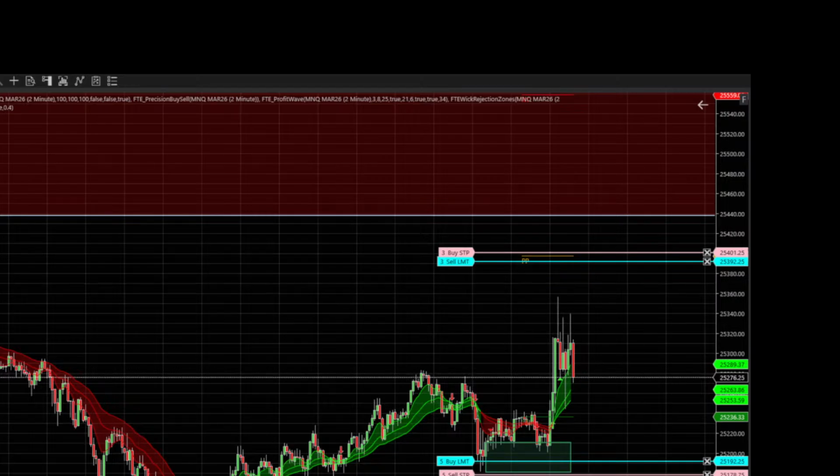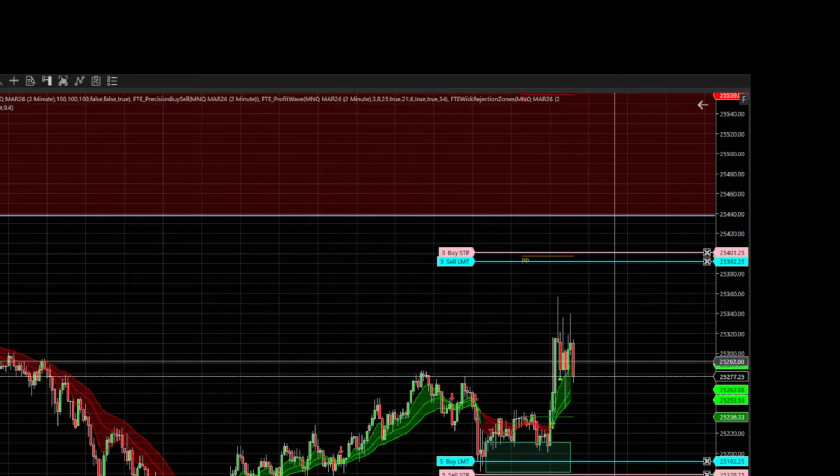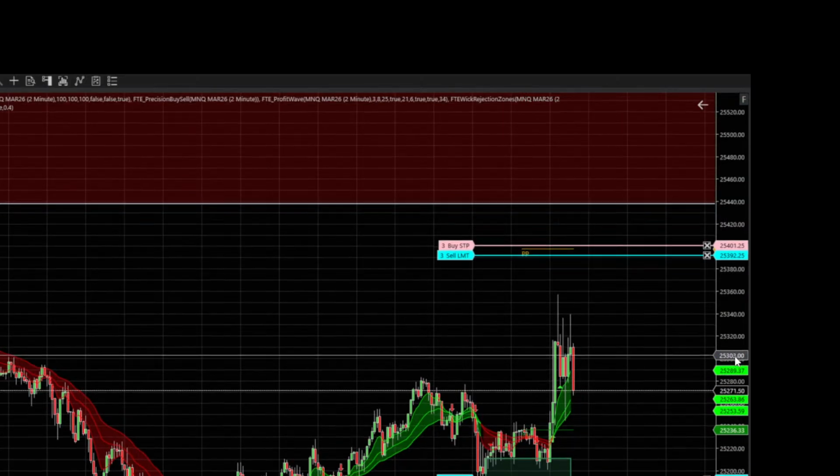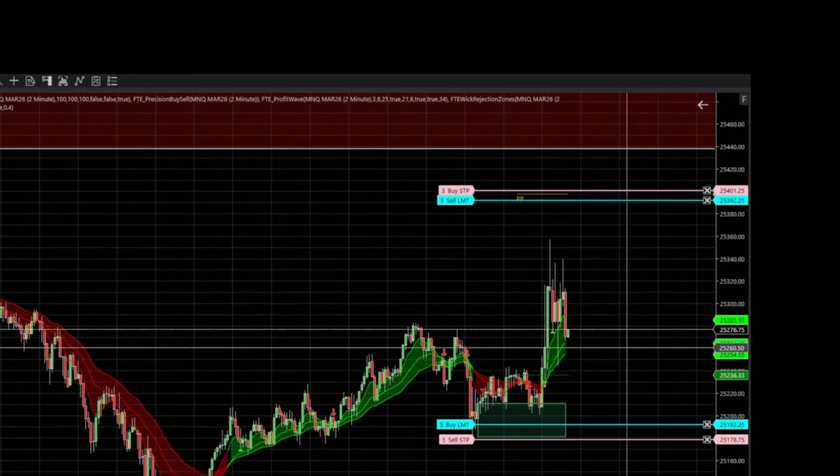Although considering that the ATR is so high, we really ain't doing anything. They are stuck right here where we're at. And it's really kind of boring considering how high the ATR is. This ain't that volatile.